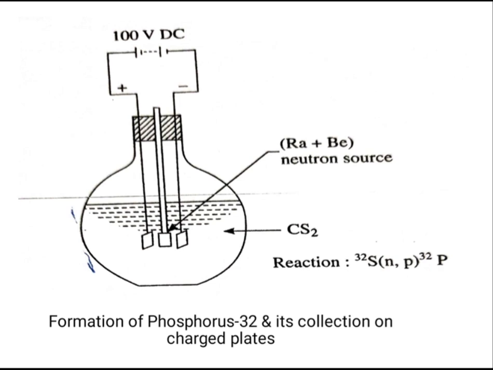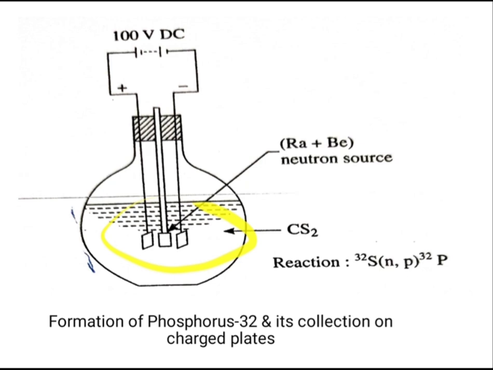As we want the product with high specific activity, initially we have to sublime the unreacted sulfur at 600 degrees Celsius, and the residue which remains will be extracted in an acidic medium, and the small amount of phosphorus 32 will be collected on the charge plates that are immersed in this CS2 solution under the neutron irradiation.